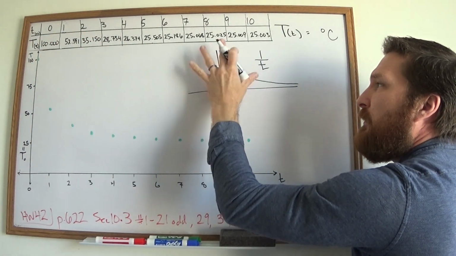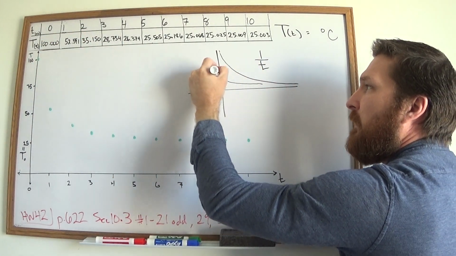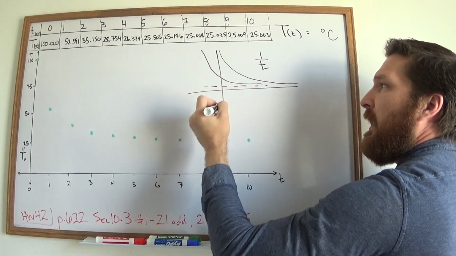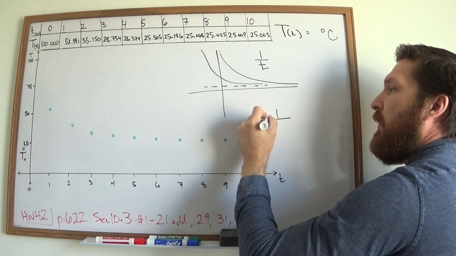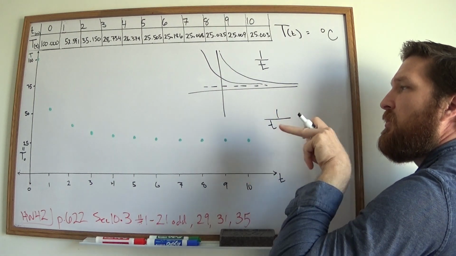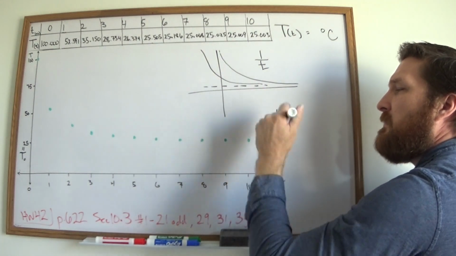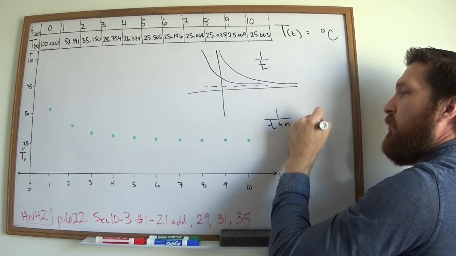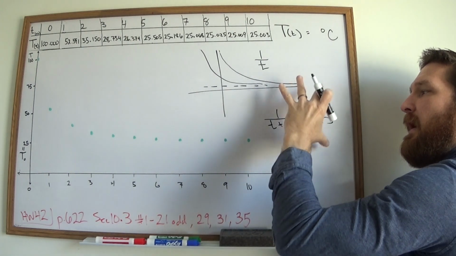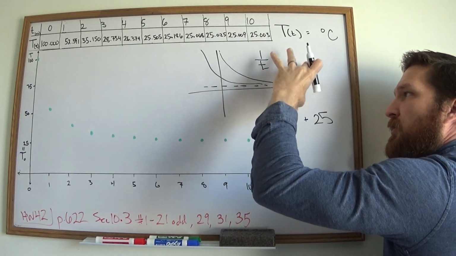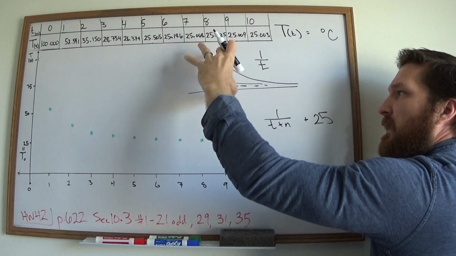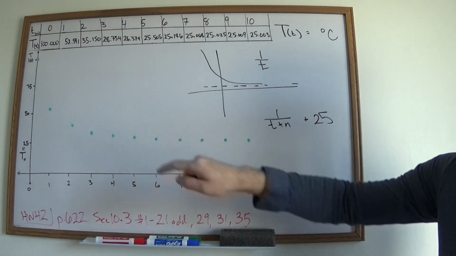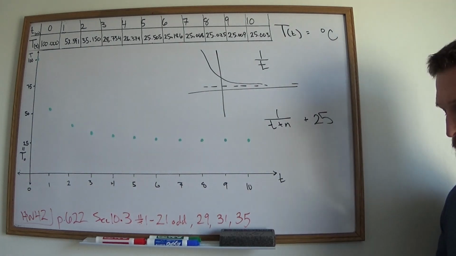But maybe if we take 1 over t and shift it a little bit with some number n, and then put it up by 25, that function approximates our function very, very well.